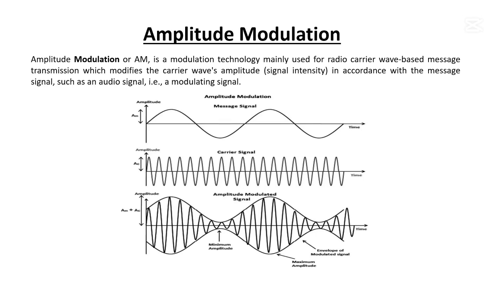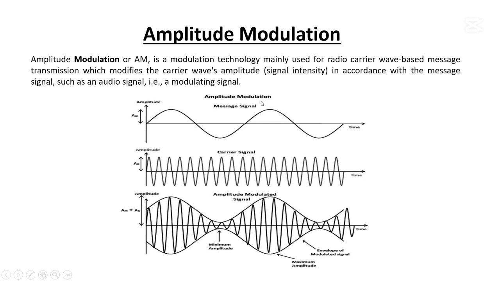If we have a double sideband, it means that the modulated signal, the signal which we have to transmit, contains the carrier signal, the sum of carrier and message signal, and the difference of carrier and message signal.